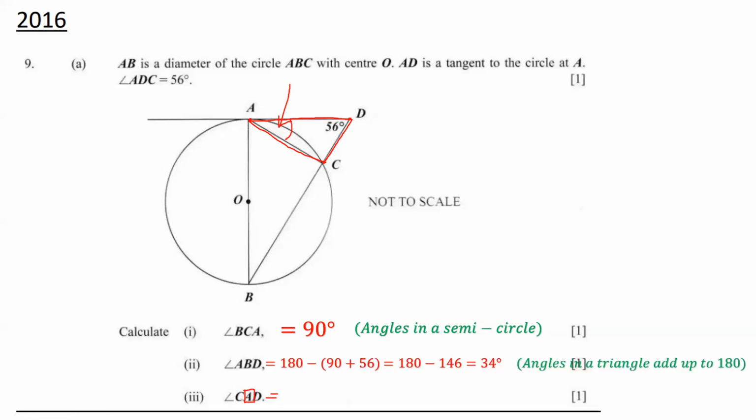Okay, yeah, that makes sense. This angle right here is angle CAD. We already know what this angle right here is. This is angle ABD, and we saw that that was 34 degrees. So this right here is 34. And if this is 34, that means that this must also be 34 because of the alternate segment theorem.